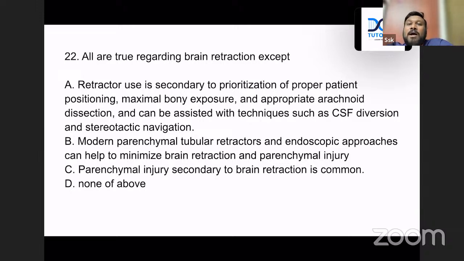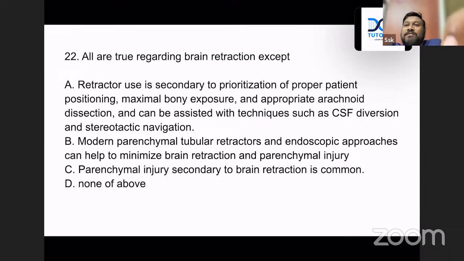Or option B, modern parenchymal tubular retractors and endoscopic approaches can help to minimize brain retraction and parenchymal injury. Parenchymal injury secondary to brain retraction is common. So the answer is none of the above. So all the options are true.